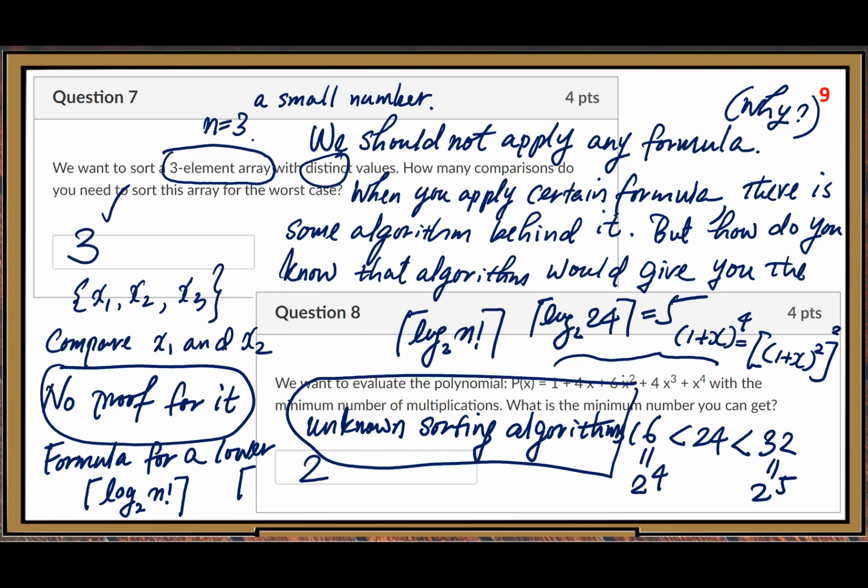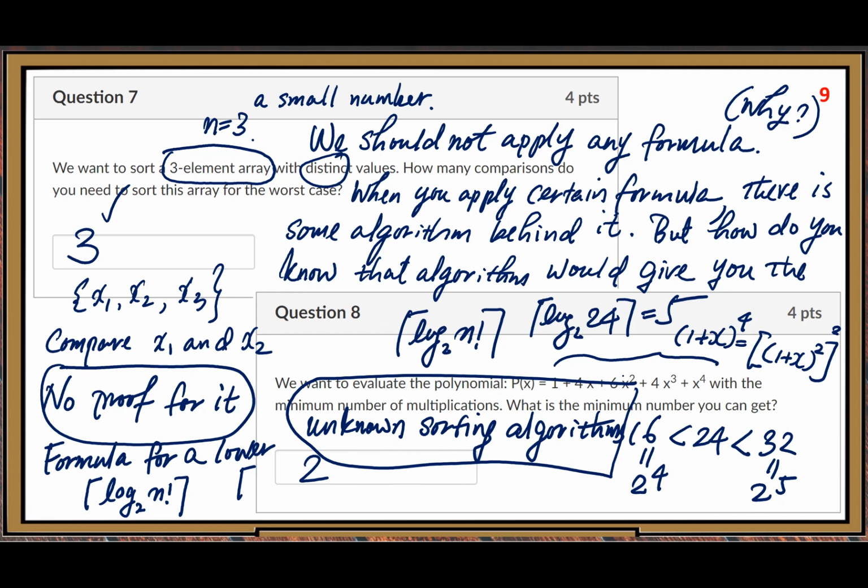Can you still study them? The answer is yes. Even with a lot of details missing, we can still study those algorithms. Interesting?